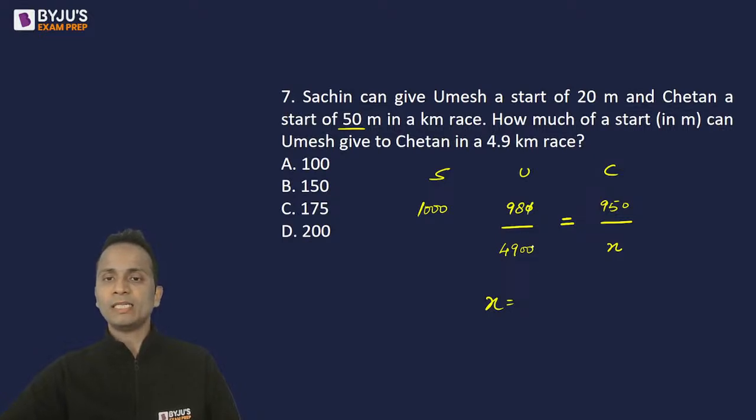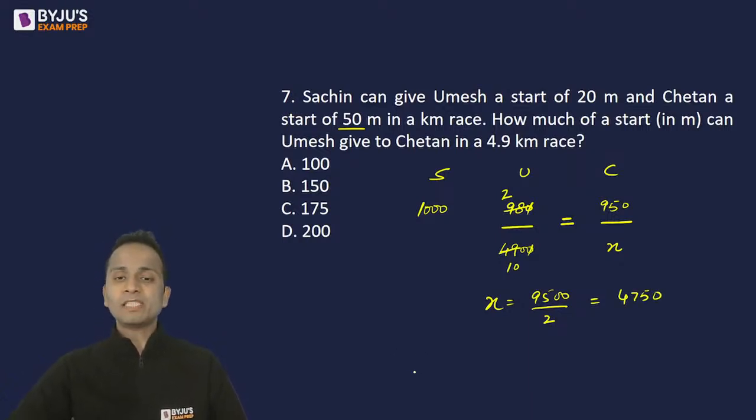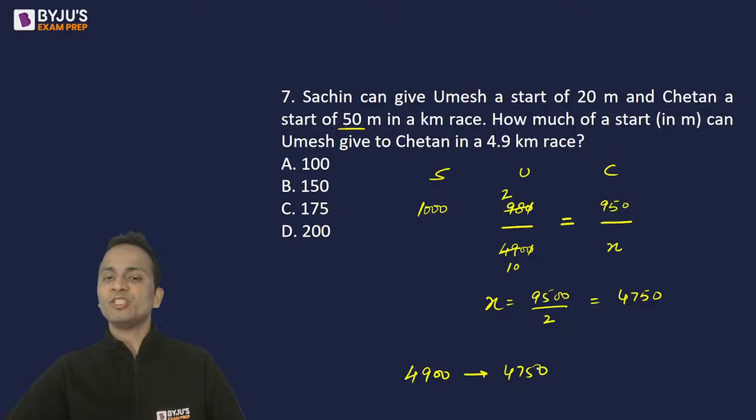So 0 and 0 will get cancelled. 98 is 49 into 2 and यहाँ पे 10 बच जाएगा. So x is 9500 divided by 2, that is 4750. So that means if Umesh will travel 4900 meters, then Chetan will travel 4750 meters.